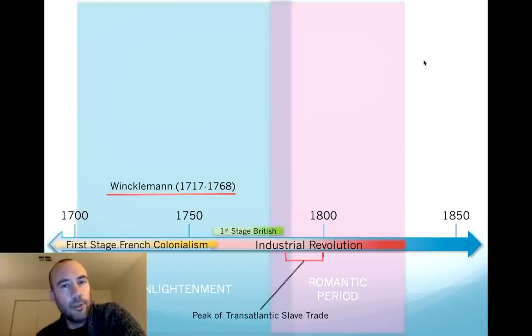I won't ask you questions about every single one of these people. There are going to be some key figures and key ideas here. But first of all, when we're talking about race, we're talking about the idea that there are discrete groups of people, populations of people, who, in order for race to mean anything at all, must signify that people within a certain population are more similar to each other than they are to people in another population.